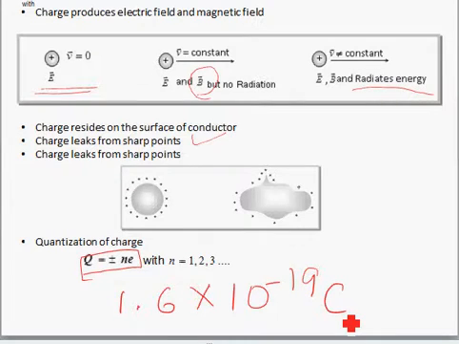So if 10 electrons are gained, then the charge acquired will be 10 into 1.6 into 10 to the power minus 19 coulomb, which will be a negative charge. And if 10 electrons are given out, then the charge will be 10 into 1.6 into 10 to the power minus 19 coulomb, which will be a positive charge. But you can never have half charge or 3/2 charge or 16.5 charge, nothing. We can have only multiples of charge of the lowest value 1.6 into 10 to the minus 19 coulomb, which is the charge of an electron or of a proton.